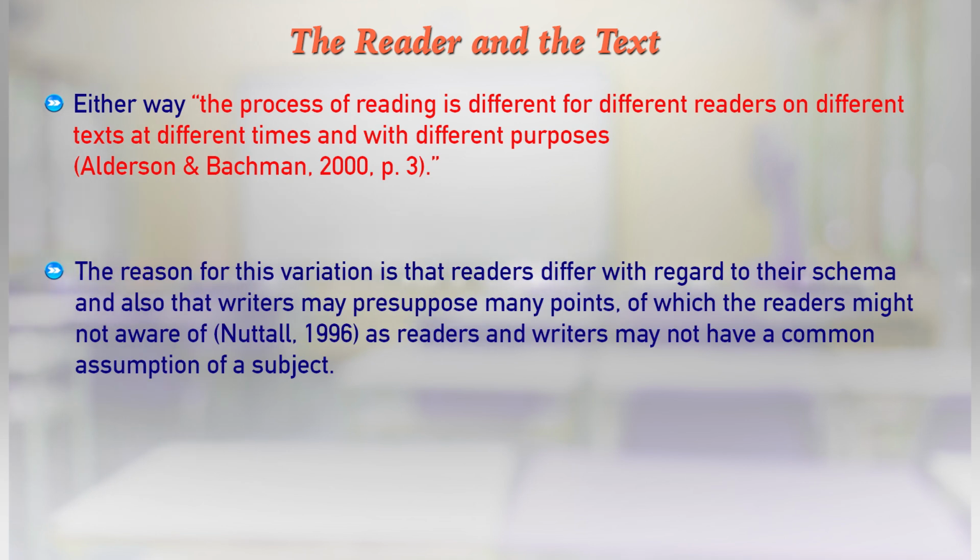The reason for this variation is that readers differ with regard to their schemata, and also that writers may presuppose many points of which the readers might not be aware, as readers and writers may not have a common assumption of the subject.